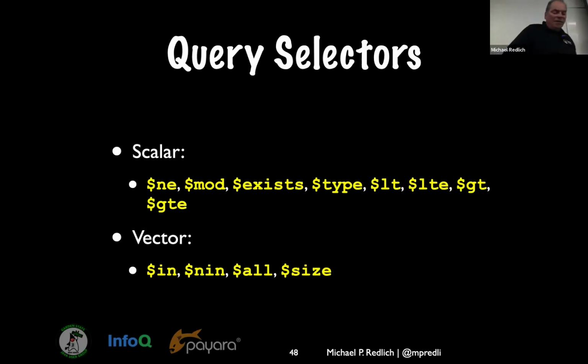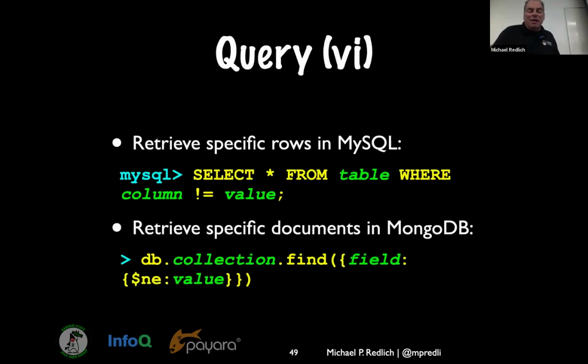And then you can do some vector manipulation as well. All right, and so here's an example of how you use the scalar right here. You want to find a field, and then if it's not equal to a certain value, or you can do greater than or equal, things like this.